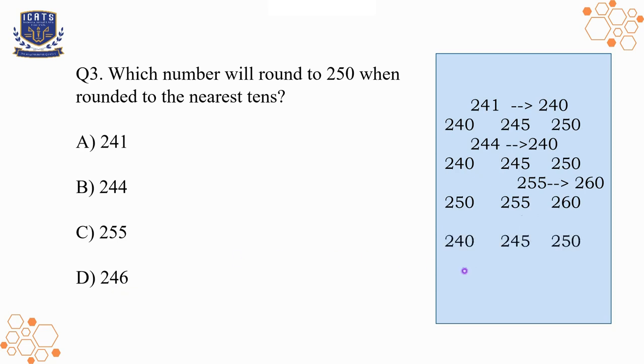It lies between 240 and 250, and the half is 245. We will see where 246 comes. It comes after 245, so we will round 246 towards the bigger number, which is 250. And that is our correct answer. 246 will be rounded to 250 when rounded to the nearest tens.